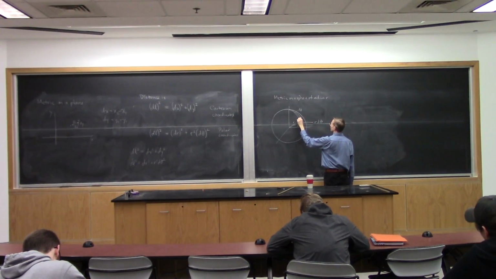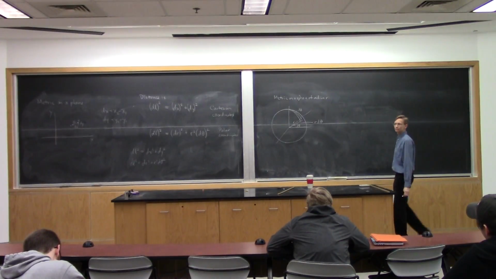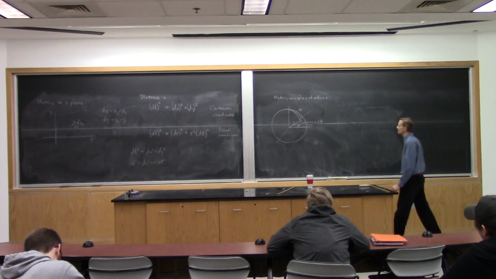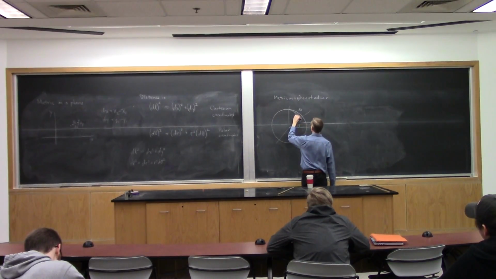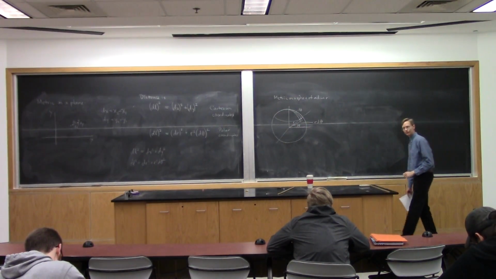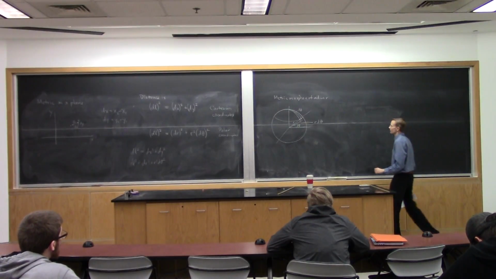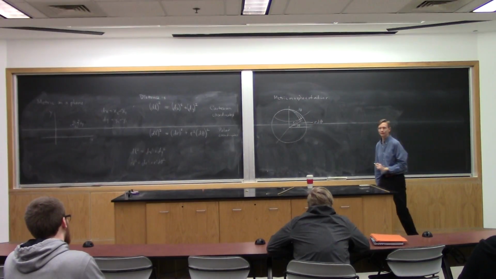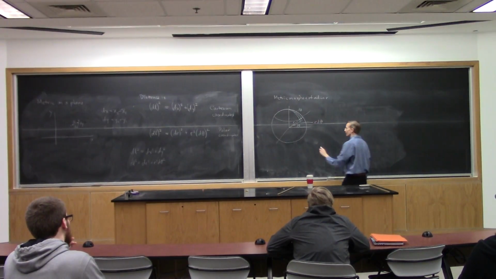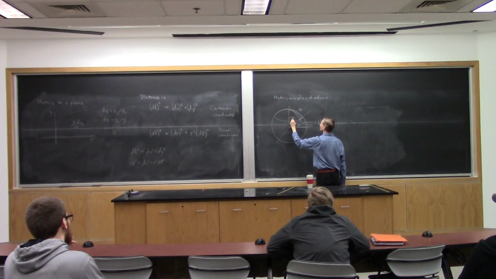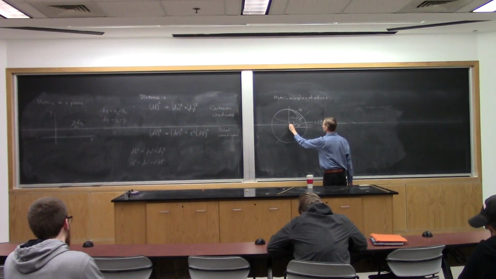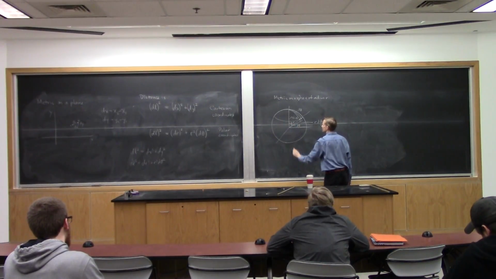And what about this one? Remember, here's a circle that goes around the axis. And so the radius of the circle isn't r, it's r sine theta, because theta is the polar angle there.